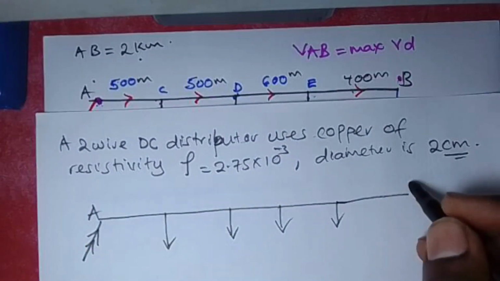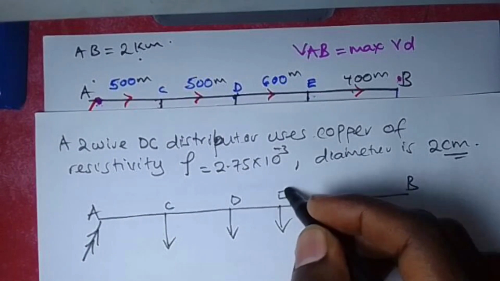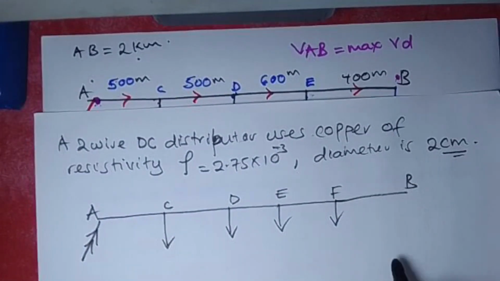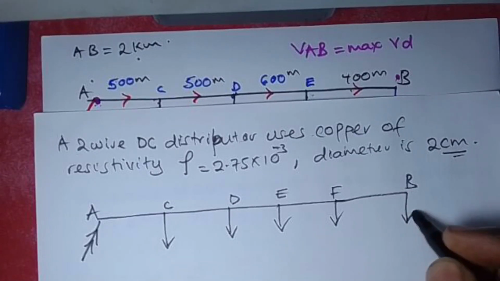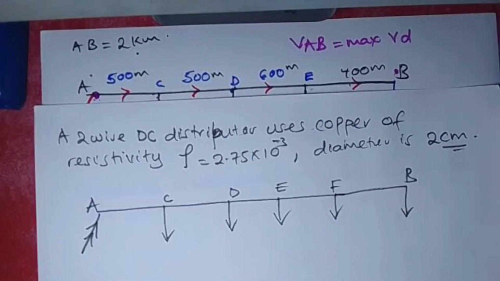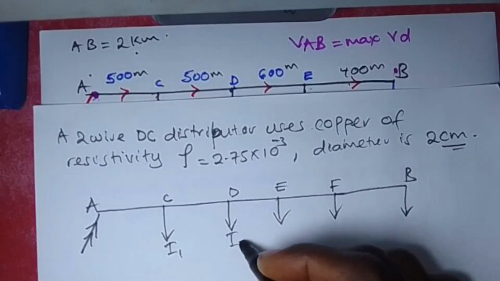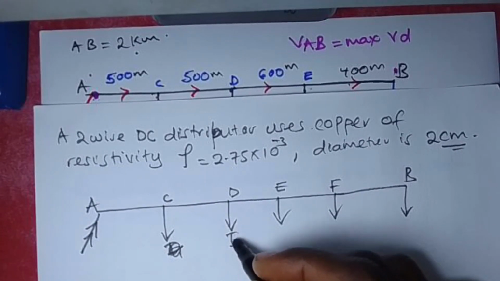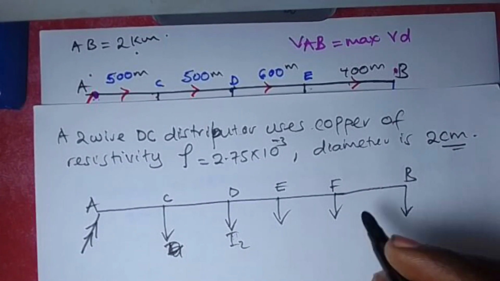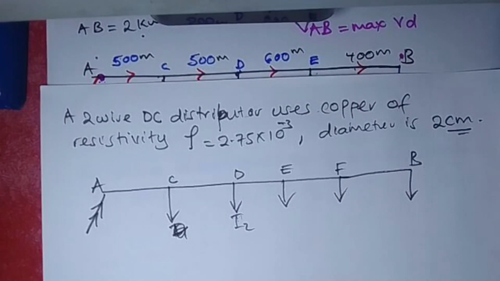This is point A, this is B, C, D, E, maybe F, with particular loads being tapped off at those sections. Let's give these values as currents.